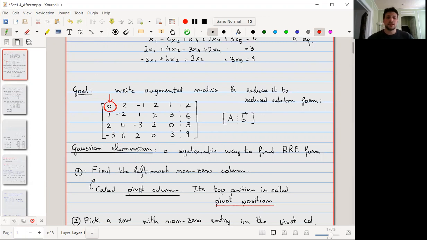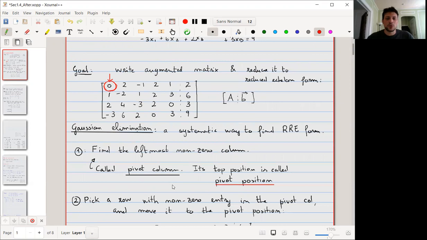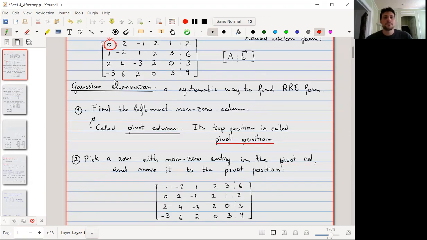Once we identify the pivot position, our next goal is to make sure that there is a row with a non-zero entry in the pivot position. So we have to find one of the rows such that its pivot column entry is non-zero, and then move that to the pivot position.